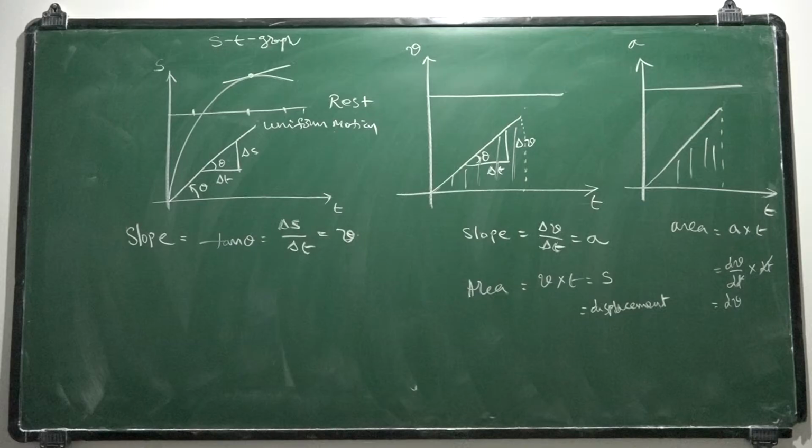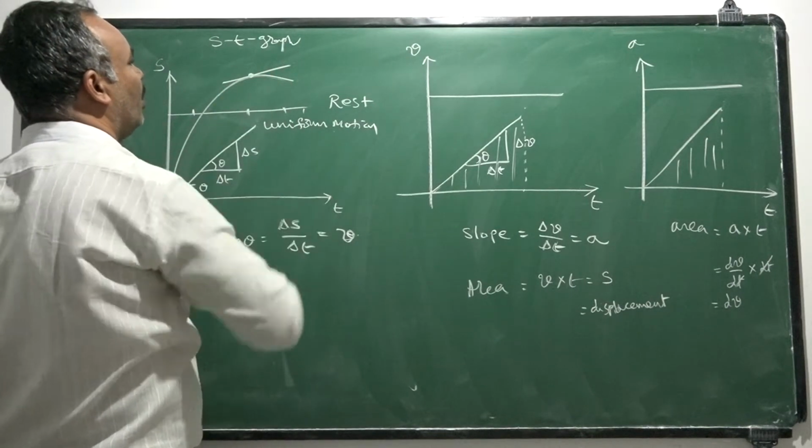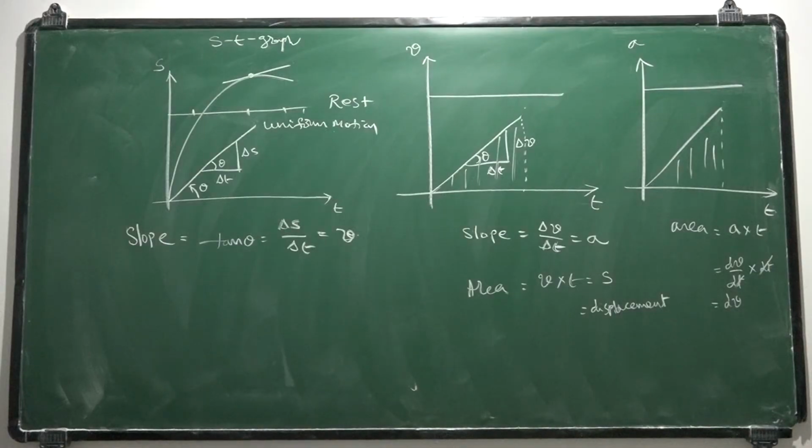The slope of the tangent drawn to the curve at a particular point is equal to the instantaneous velocity of the particle at that moment.